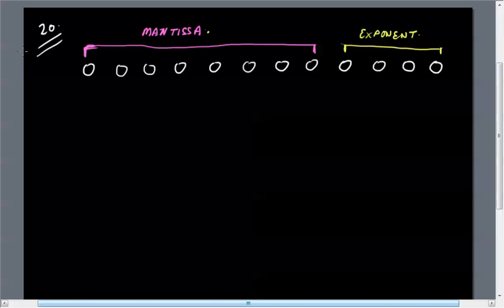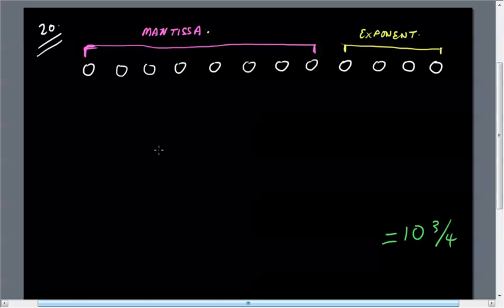So what is meant by the mantissa? What is meant by the exponent? Well, very briefly, the number that we're trying to explain or show is 10 3/4.